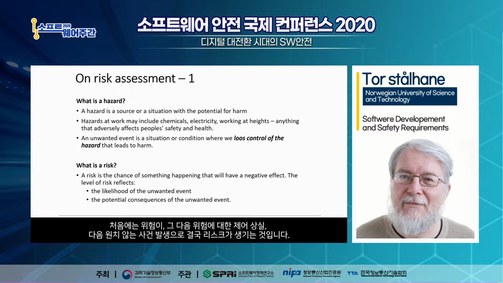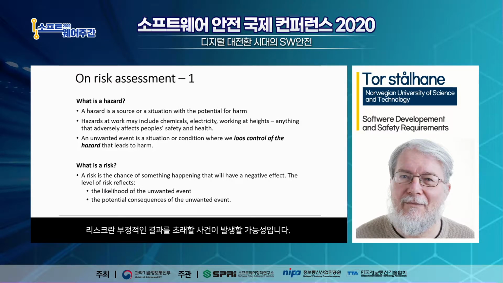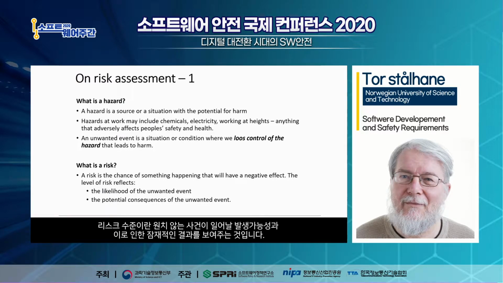And that brings us to the risk, which is a chance that something is going to happen with a negative effect. And we're talking about the likelihood of the unwanted event, that is the hazard where we lost control, and the potential consequences of that event.